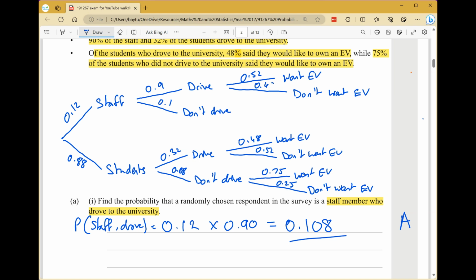So 52% want an EV, that must mean 48% don't. Only a quarter of the staff who didn't drive would like to own an EV. So 1/4 is 0.25. Oh, that wasn't very good. Running out of space a little bit, huh?